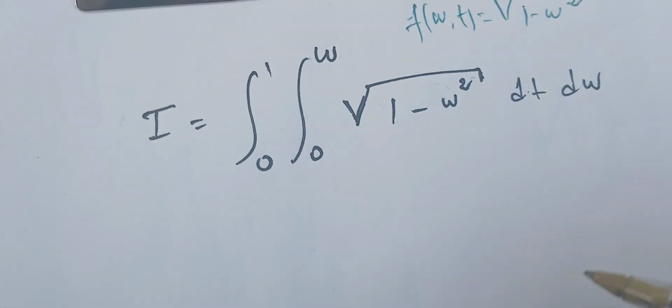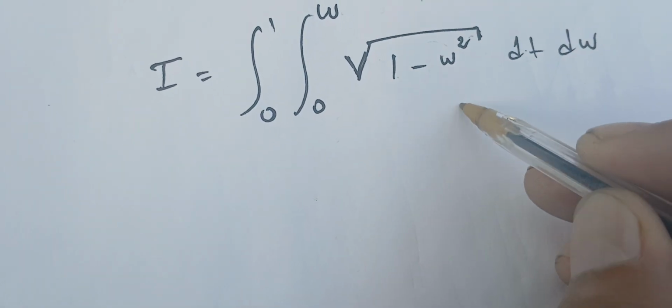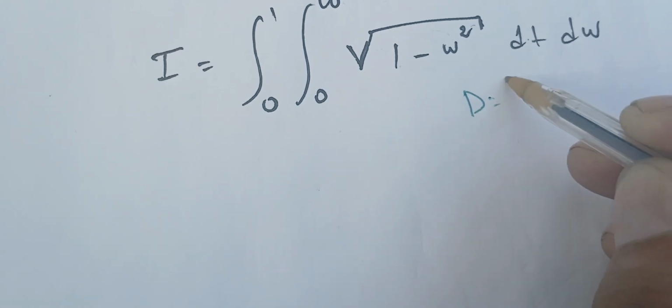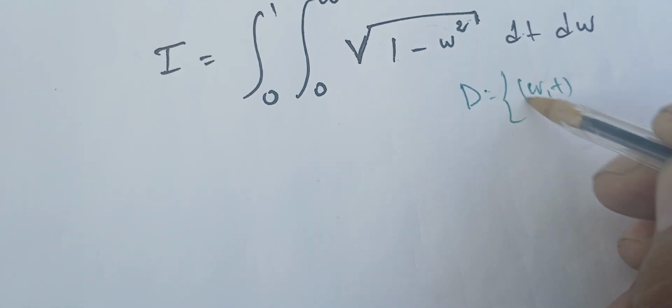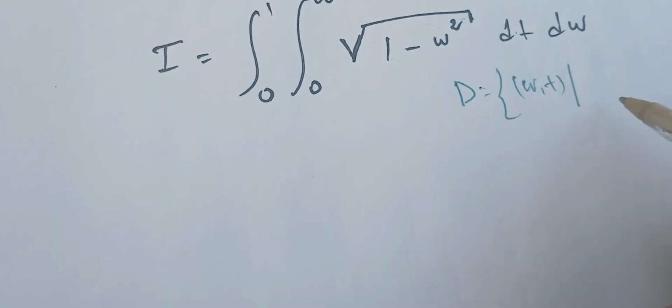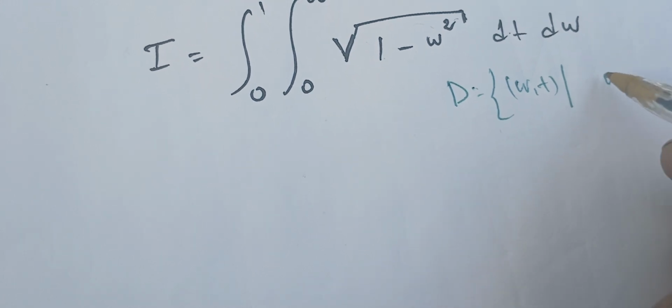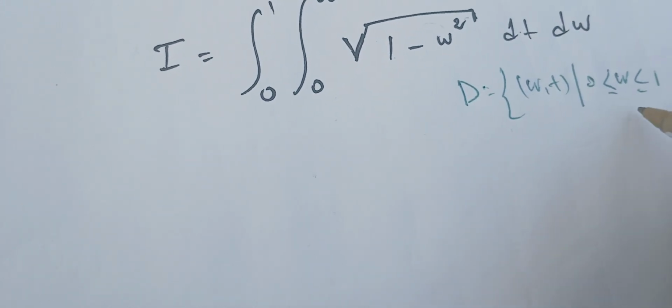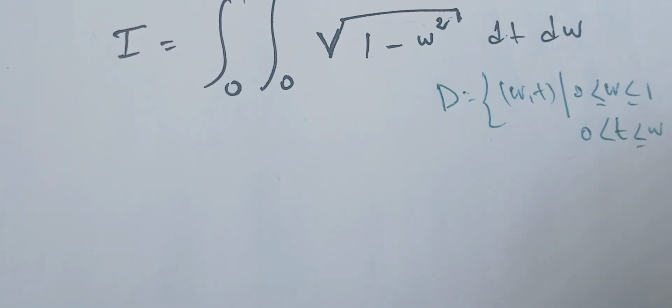And our region of integration, let's call it D, is the set of (omega, t) such that omega is between 0 and 1 and t is between 0 and omega.